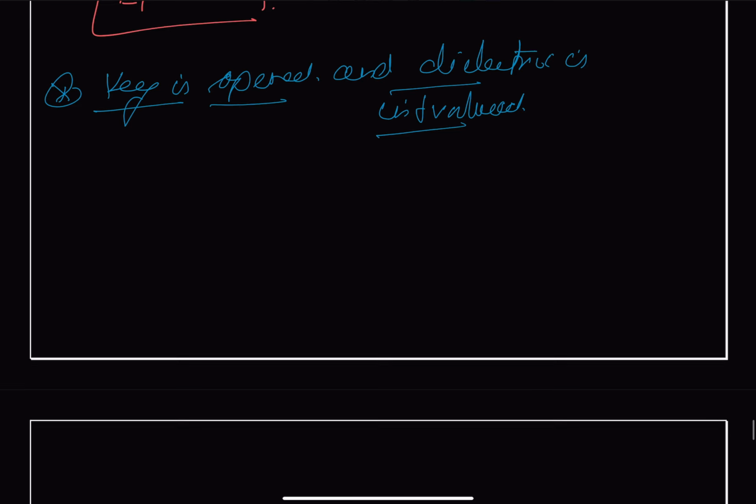So when the key is opened, the circuit becomes like this. This is a voltage source V, and let us call this capacitance C1 prime because of the dielectric, and this is our C2 prime also because of the dielectric. It is having the same dielectric constant K.